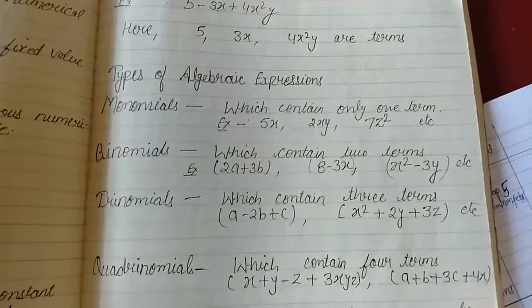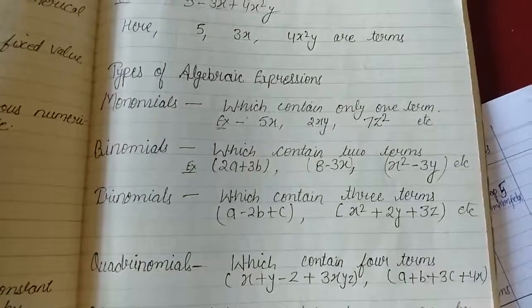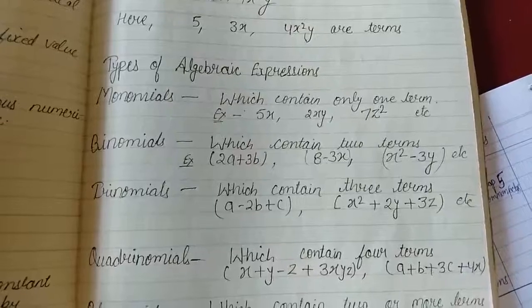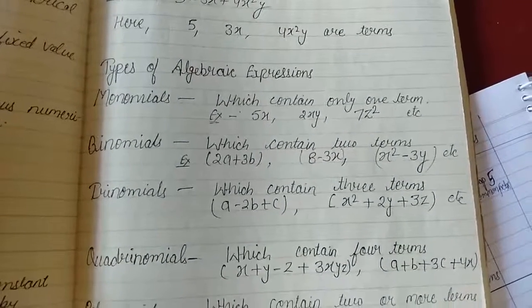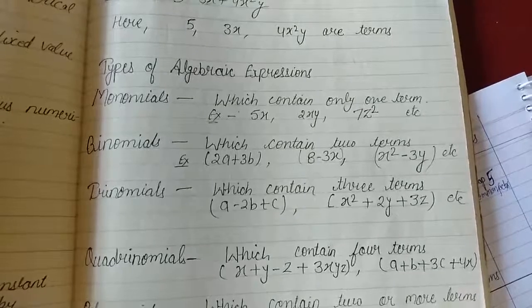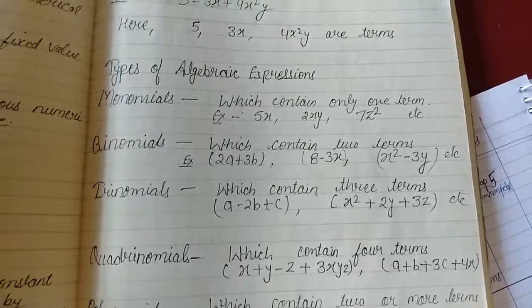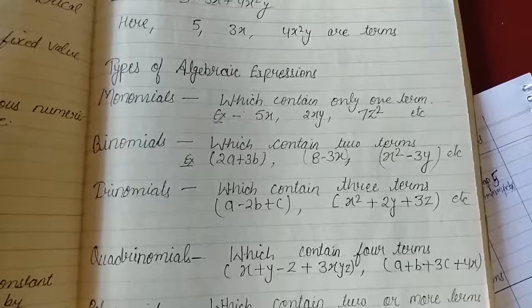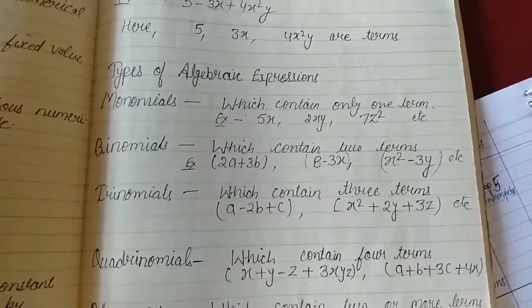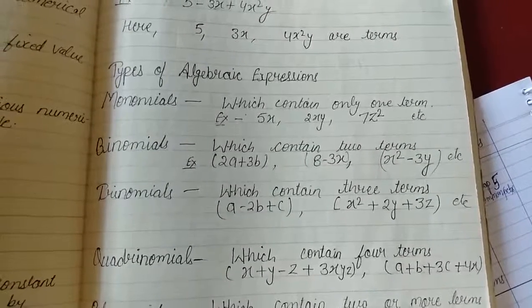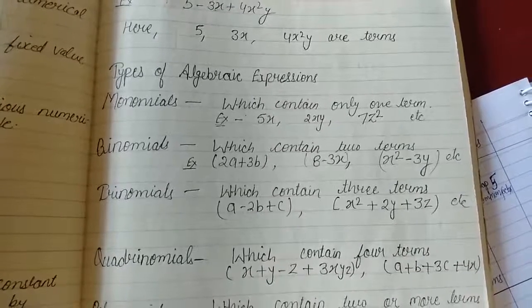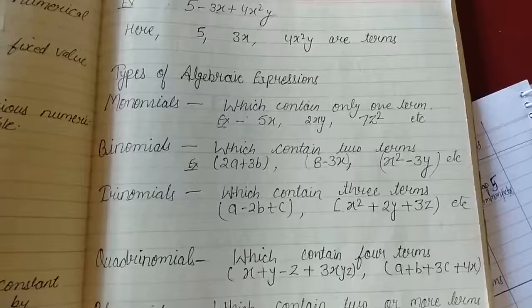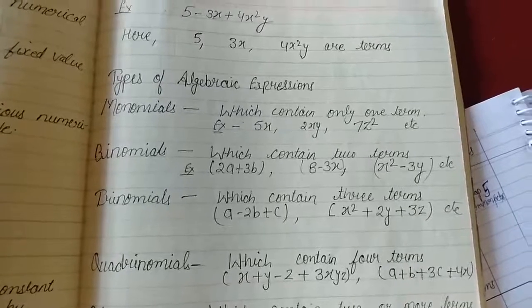Now types of algebraic expressions. First is monomials. What is a monomial? It contains only one term. That means any algebraic expression that has only one term. I have already explained term: terms are separated by only plus and minus.